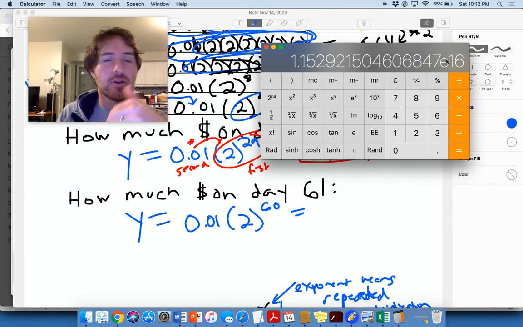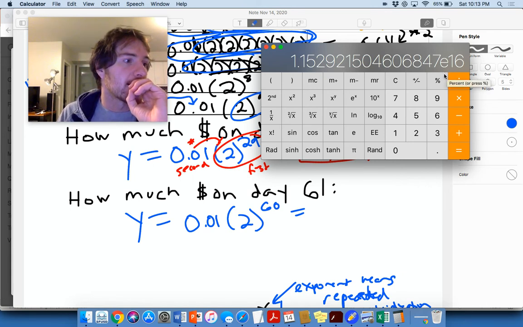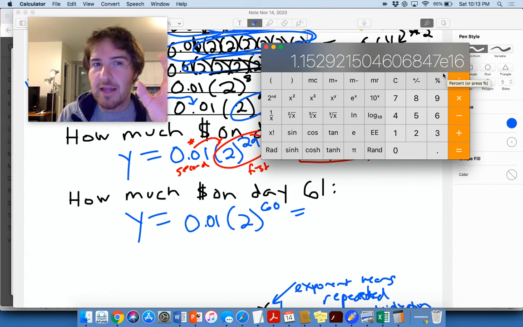Scientific notation might show that many miles because it's so huge. It's a way of showing really, really big numbers or really, really tiny numbers, like microscopic things, germs, or different cells that have sizes that are really, really tiny.